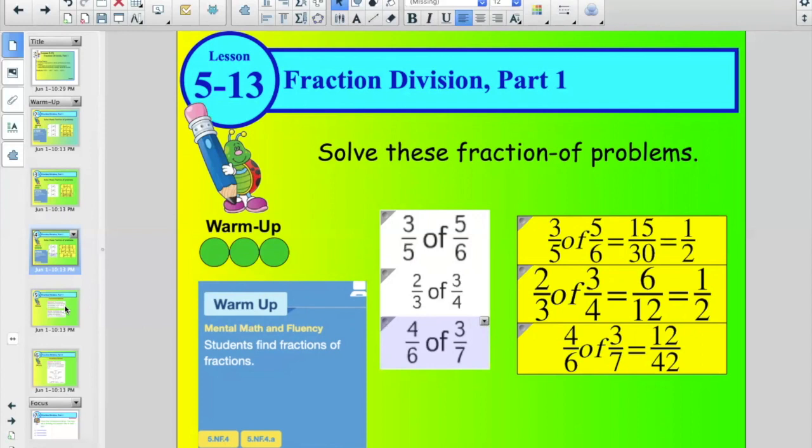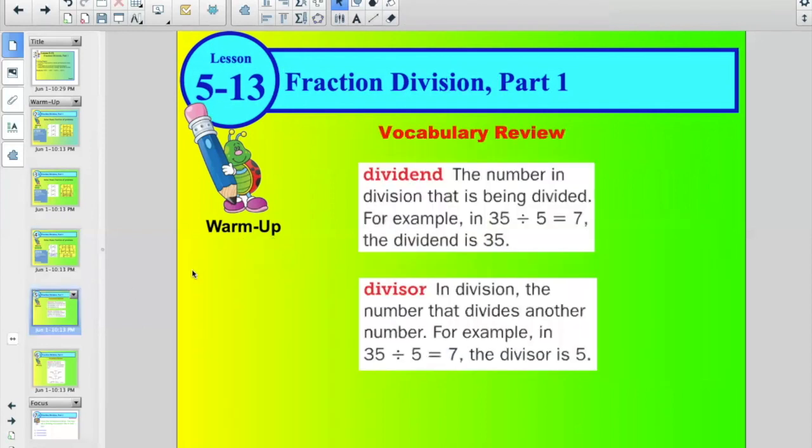Let's take a quick look at some division vocabulary. Dividend. That's the number in division that is being divided. For example, in 35 divided by 5 equals 7, the dividend is 35. The divisor. In division, that's the number that divides another number.